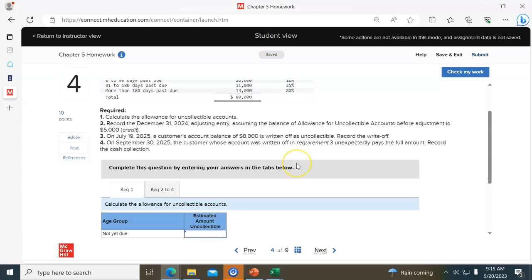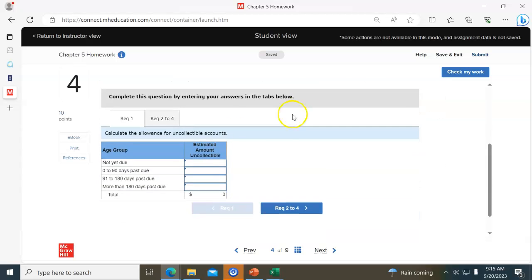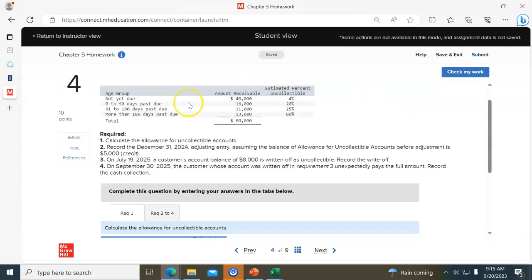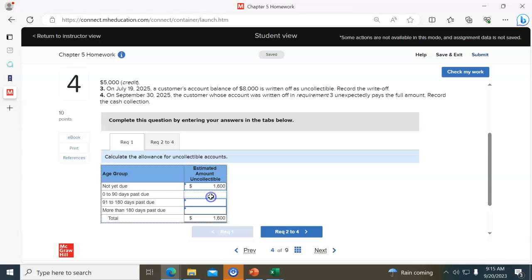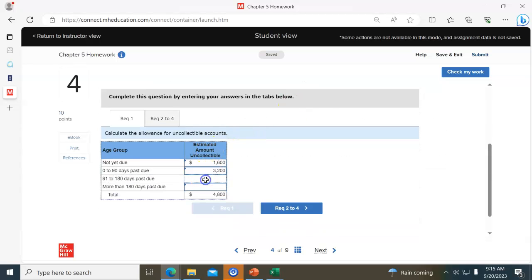Calculate the allowance for uncollectible accounts. 40,000 that's not yet due at 4% is how much? 1,600? $16,000 at 20%, 3,200. 11,000 at 25% is what, guys? 2,750? 2,700, thank you.